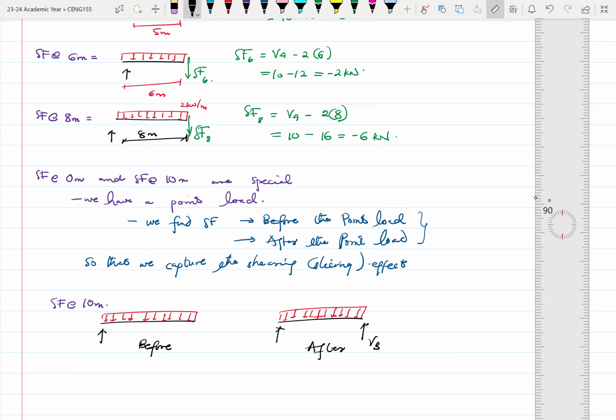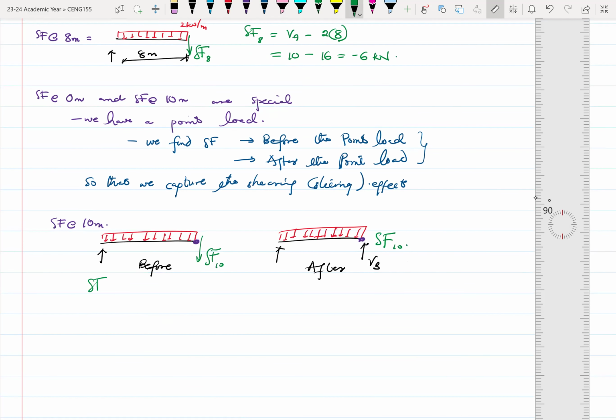So option 1, no VB, option 2, VB, and we still want to find our shear force at 10 meters. So with this one, our shear force at 10 meters before will be what?